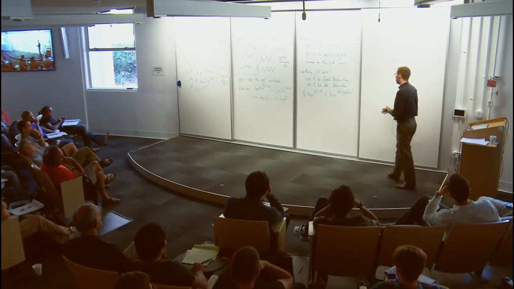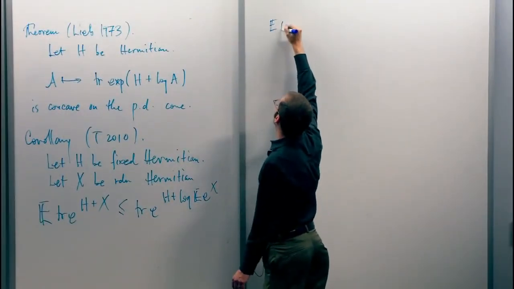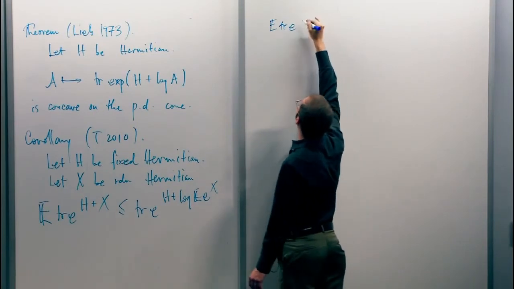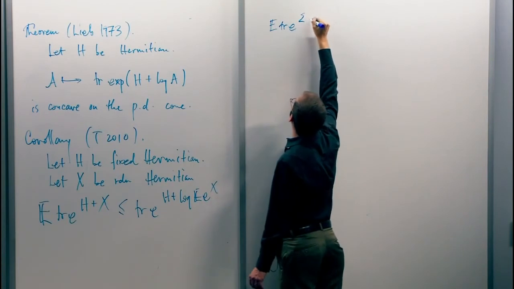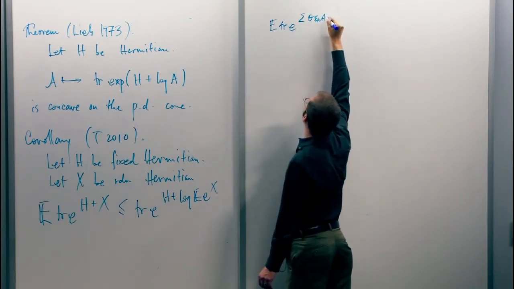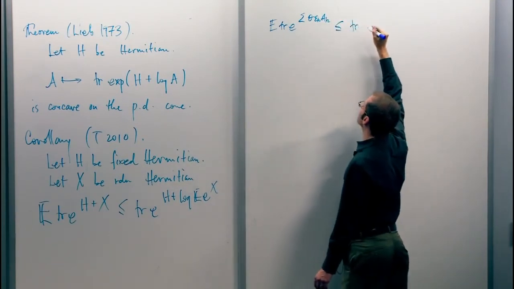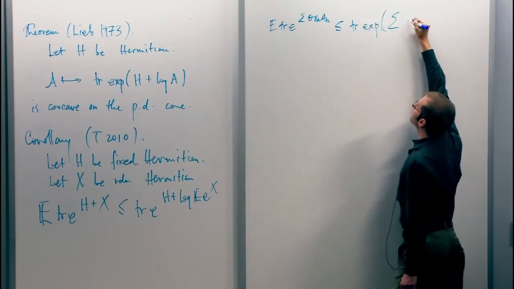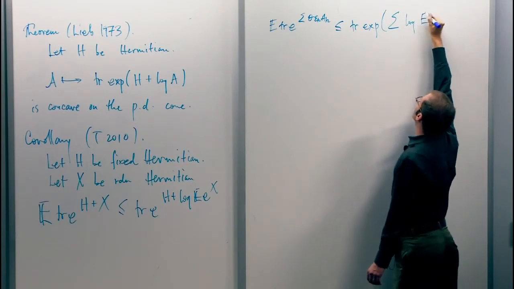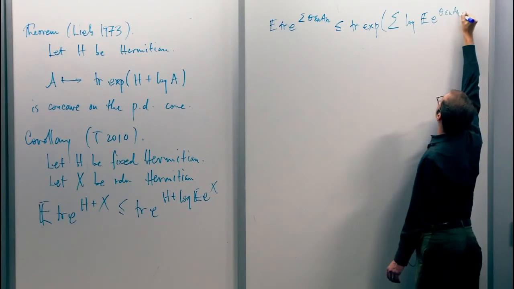Okay, what are we going to do? We're going to iterate this argument. So now, if you've got the trace of e to the sum of, say, theta epsilon k a_k, by repeatedly applying this result, we will obtain the trace exponential of the sum of the logarithm of the expectation of e to the theta epsilon k a_k.